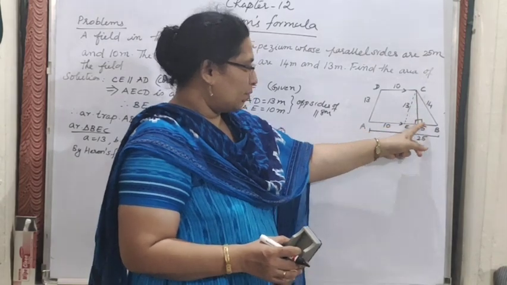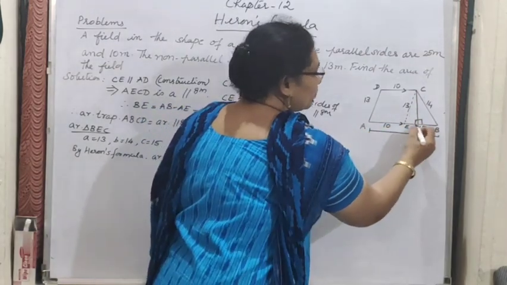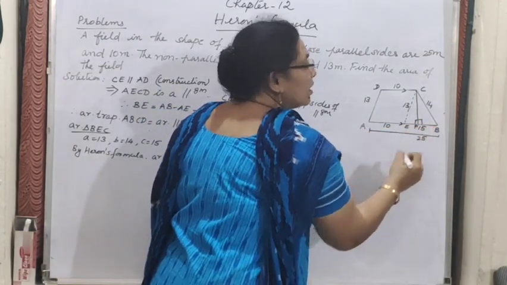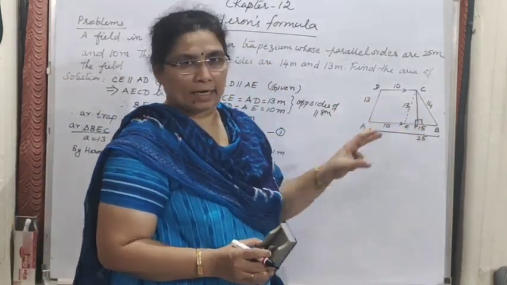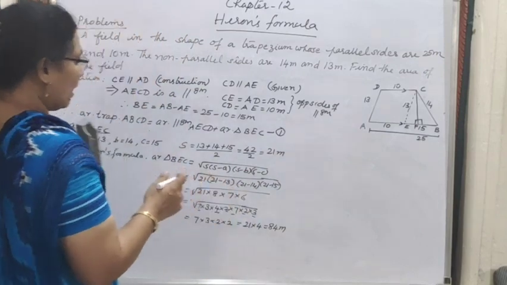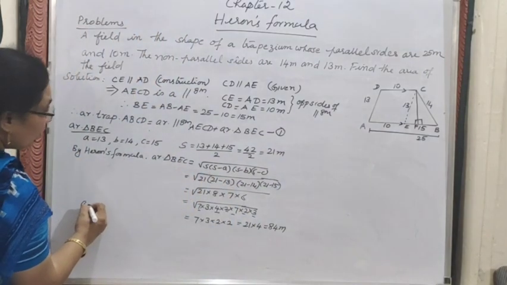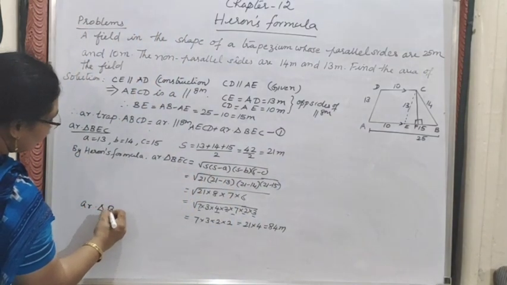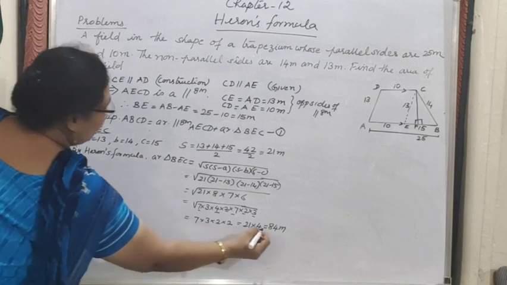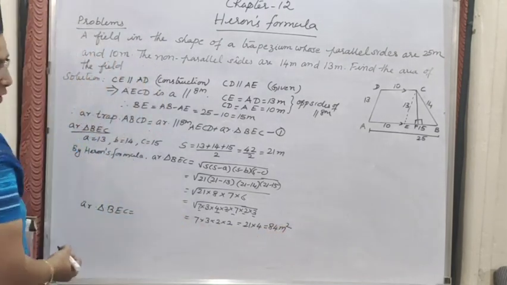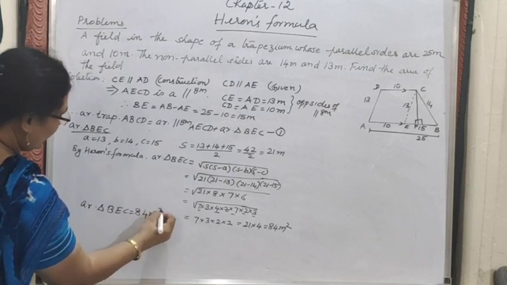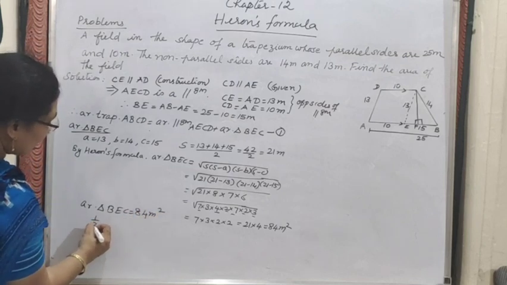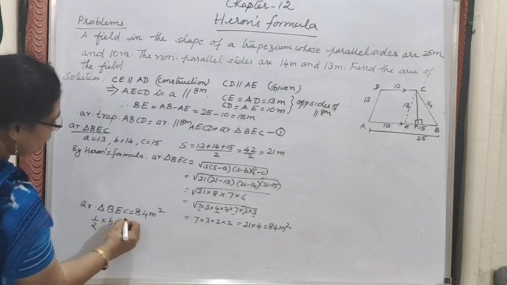It is CF, I'll write. CF is the perpendicular, because we already know the area of the triangle here. So what can we write, area of the triangle BEC equal to, we got 84 meters square only. So here I'll write 84 meters square. Now what is the formula here? This time we have to use half into base into height.